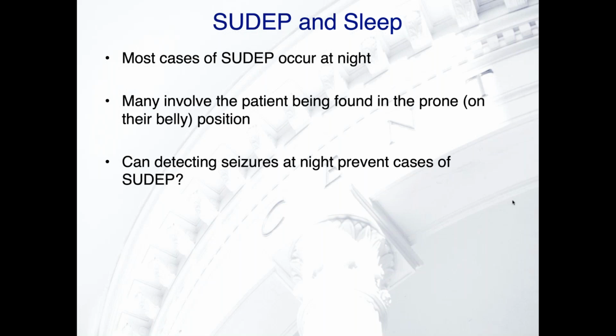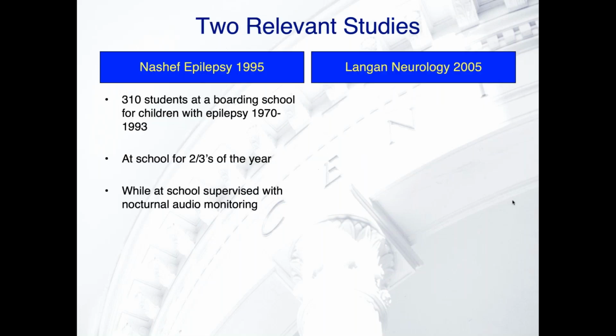So one thing is, how can we possibly prevent cases of SUDEP? And specifically, how can you possibly detect or monitor a person at night to help prevent this from happening? Well, there were a couple of studies that I found interesting. One of them was by Nashef et al.